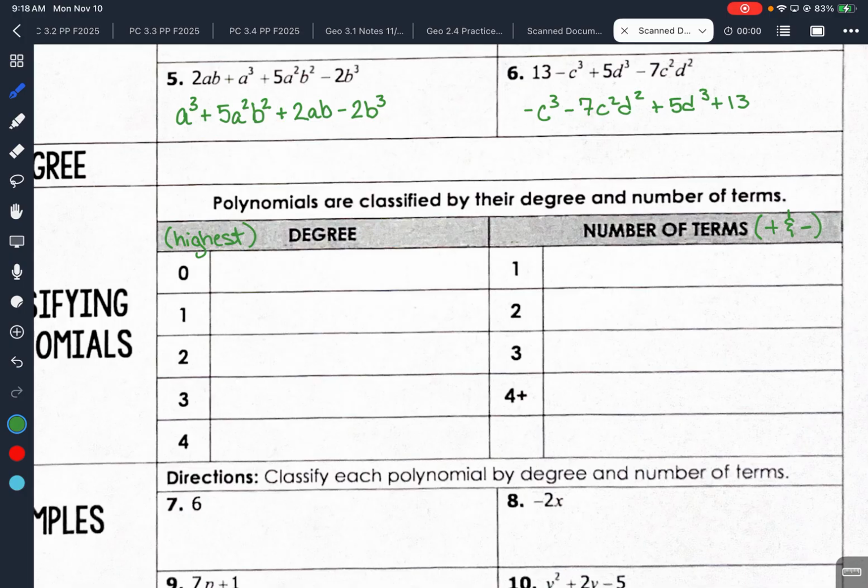Okay. So first of all, we're going to go off the degree. If it's 0 degree, that would be a constant. I've said the word a million times, right? If the highest degree is 1, it's linear.